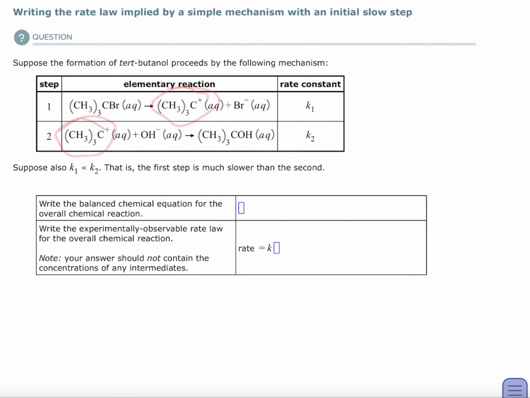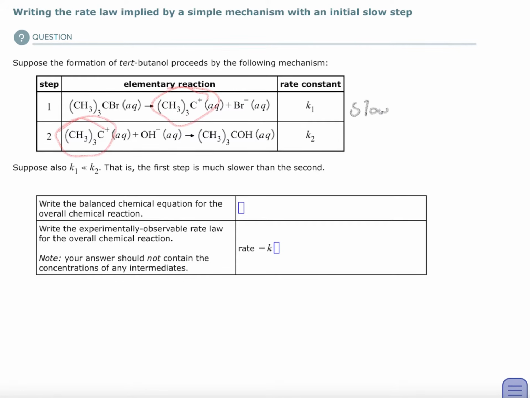So if you have a slow step with the second step or one of the subsequent steps that has an intermediate in it, you're going to have to do a lot more work. But this one is not that way. You've got the slow step as being the first step, and if that's the slow step, then really your entire rate is nothing more than the rate of the breakdown of your tert-butyl bromide at the beginning.